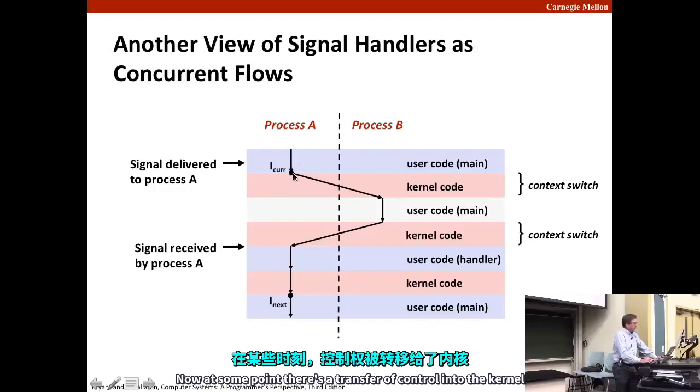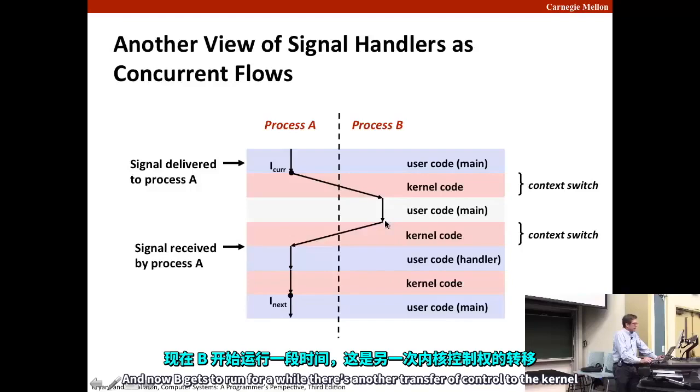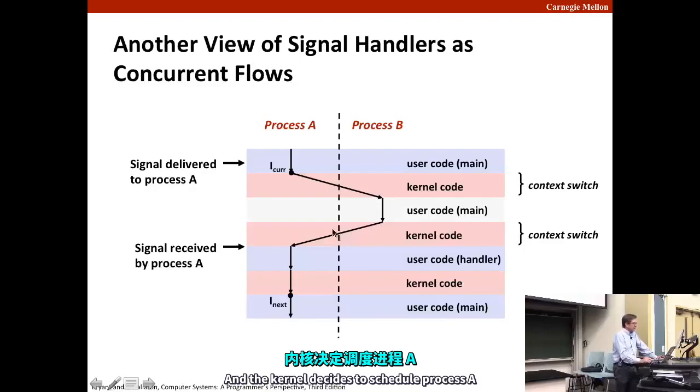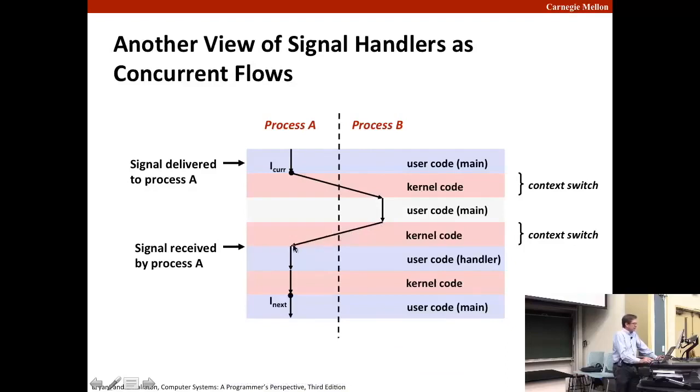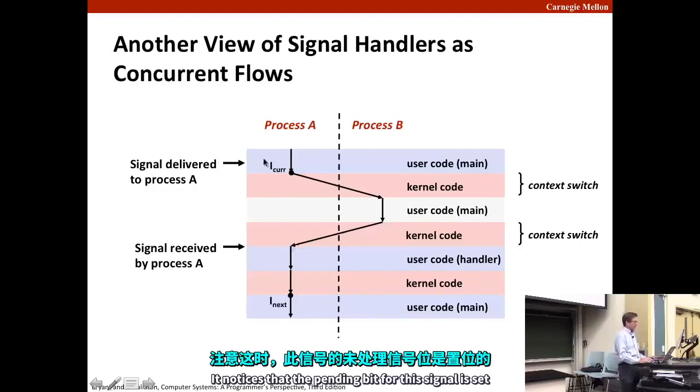Now at some point there's a transfer of control into the kernel, and the kernel decides to do a context switch from A to B, and now B gets to run for a while. There's another transfer of control to the kernel, and the kernel decides to schedule process A, and right before it returns control to process A, it notices that the pending bit for this signal is set.